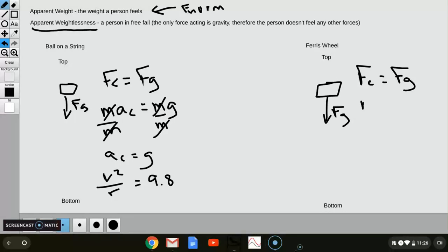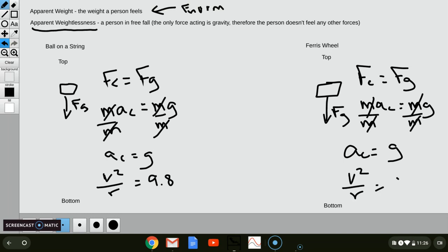And so we get the exact same thing. The masses cancel. And we get the centripetal acceleration is equal to g, or V squared over R is equal to 9.8 again.